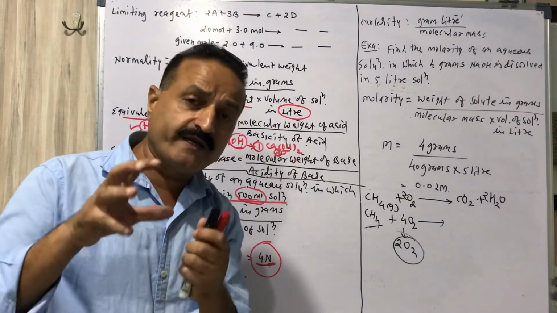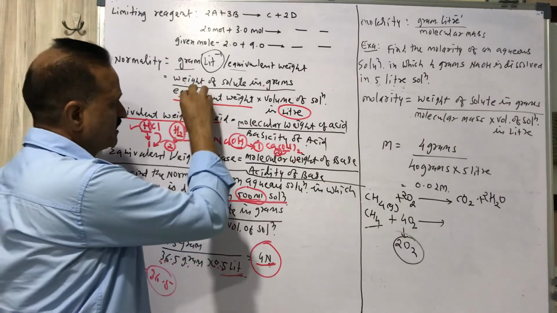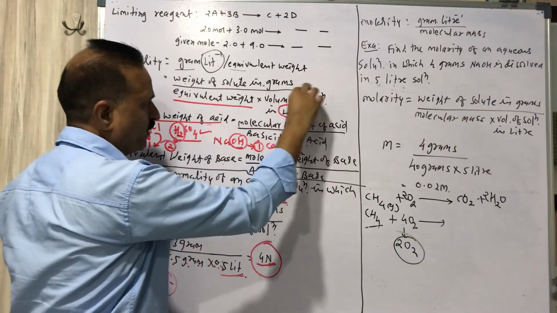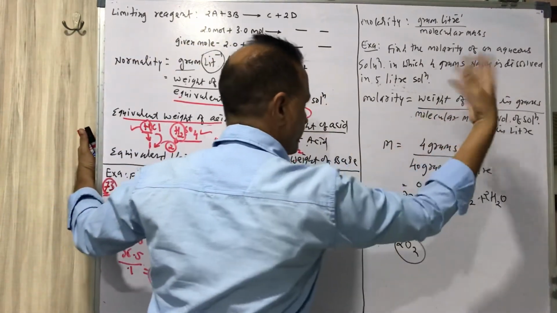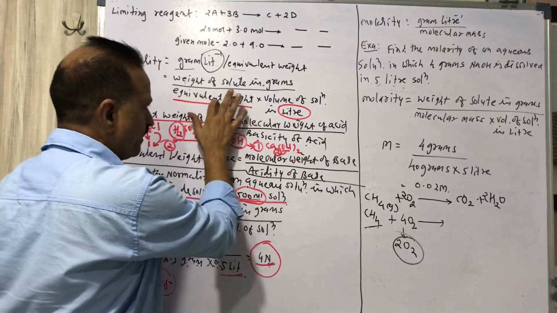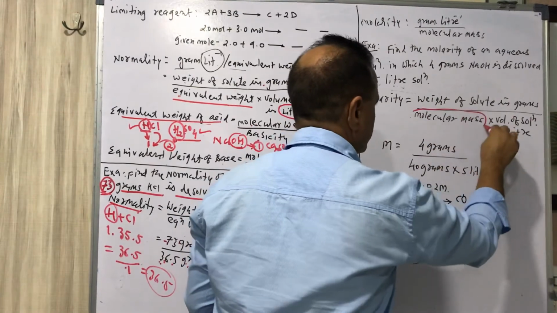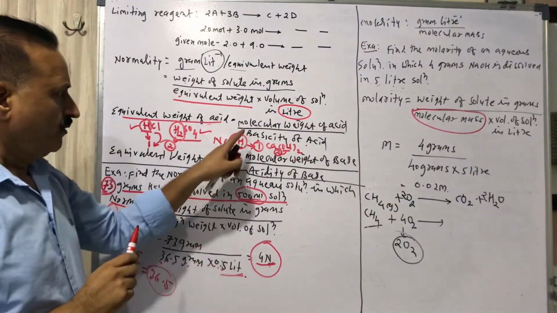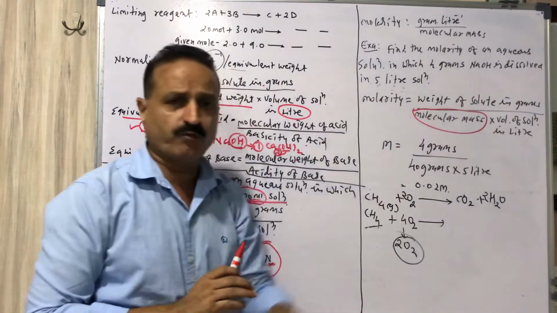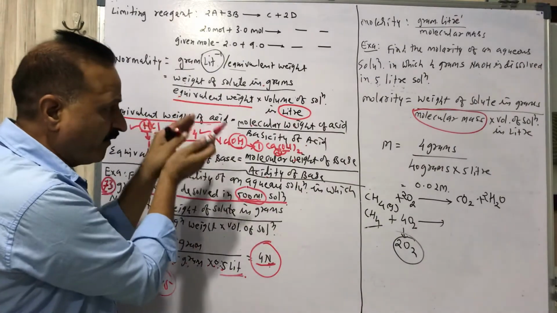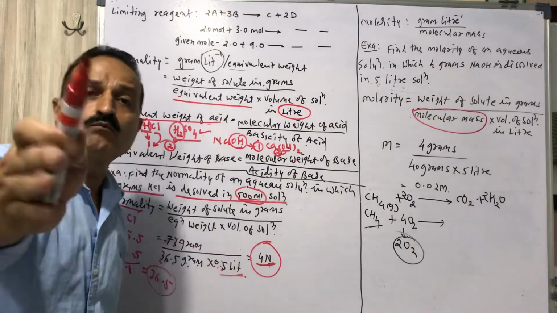The difference between normality and molarity: in the normality equation there is equivalent weight into volume of solution, with weight of solute in grams as it is. Here in molarity only the molecular mass is changed. Volume of solution in liters is common. You just change equivalent weight to molecular weight, and you get molarity instead of normality.